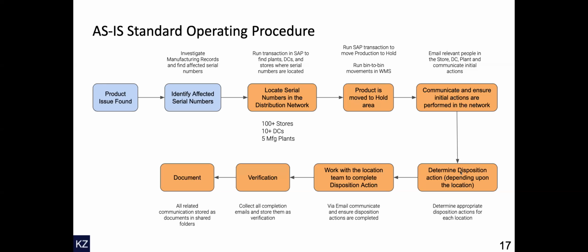And we will send you instructions on what to do once you finish that. Right? And you may even have to send some pictures from the locations. Once that is done, the fixes are sent, and it may be done by the customer service team or tech team, right? Field service teams. And then once it is finished, they will communicate the disposition action to the individual location, saying, yeah, go do it.